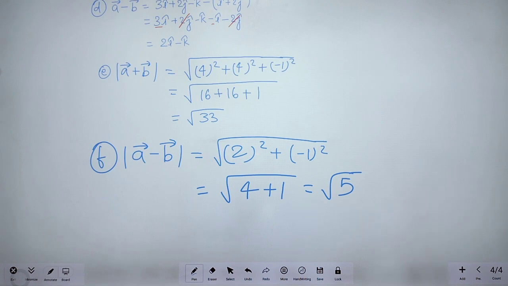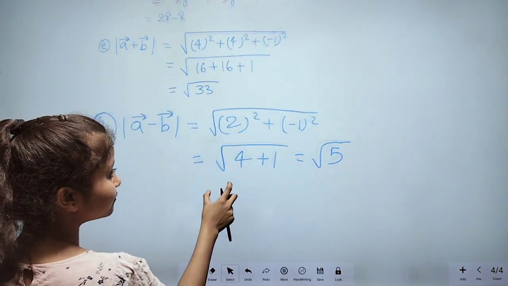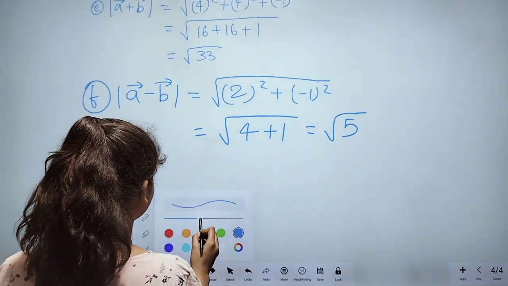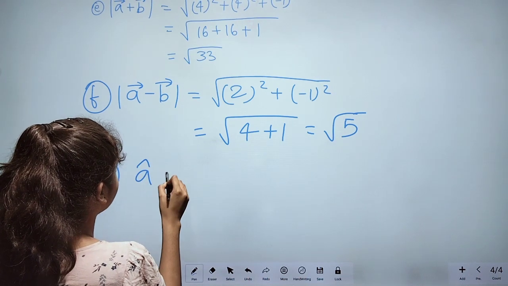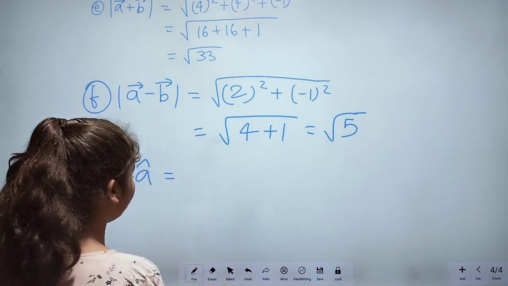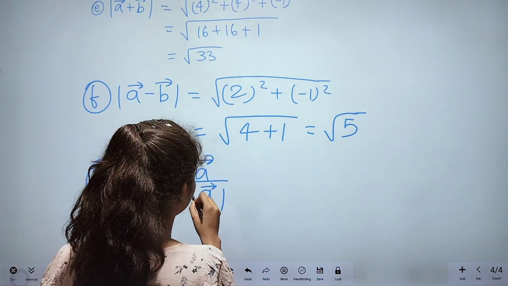And again, we have to find the last three, that is A cap. So we all know that A cap is equal to A vector by modulus of A vector.